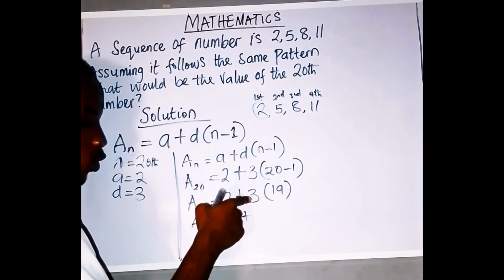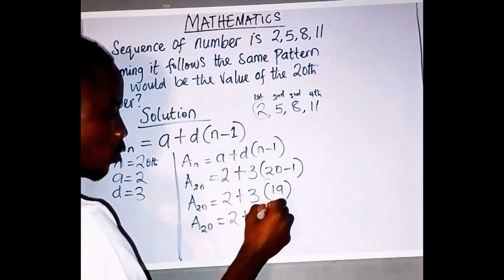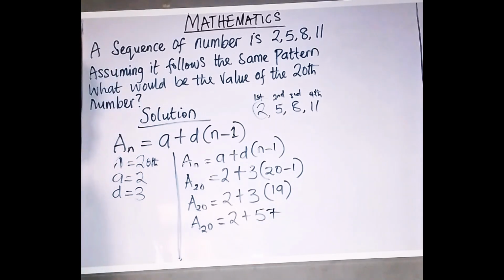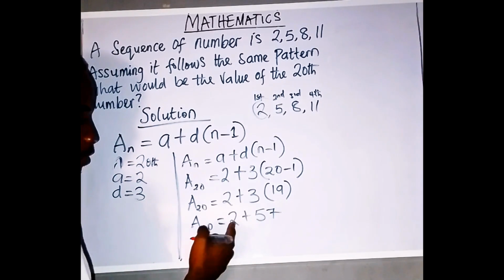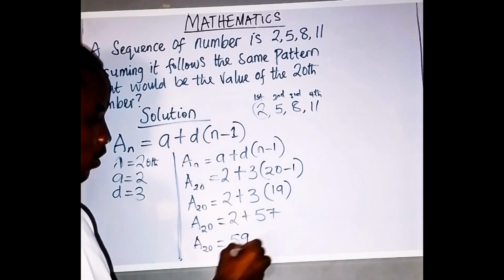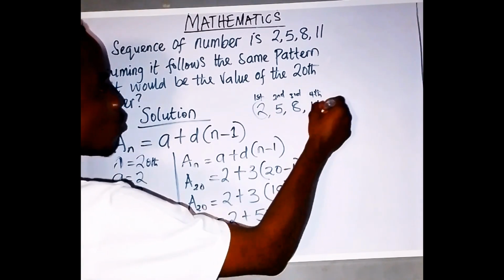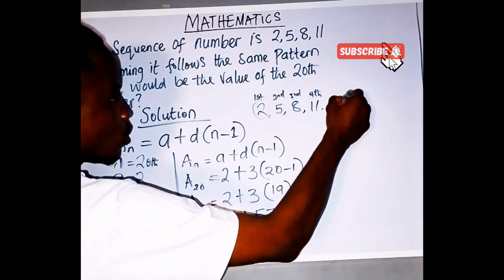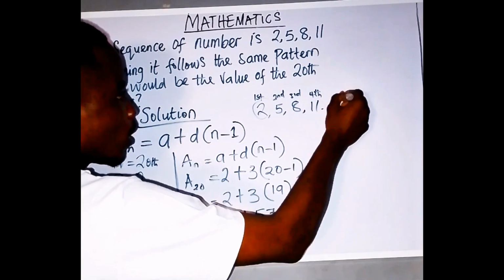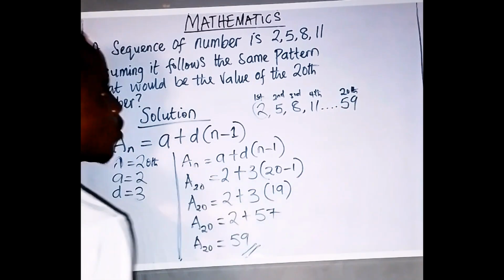This bracket means times. 3 times 19 is 57. Right. So my value of the 20th term is equal to, I can now add, 2 plus 57, which is 59. So the 20th term is obviously 59, the 20th term of this arithmetic progression.